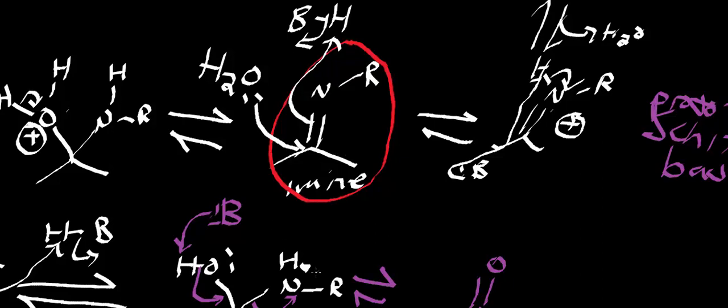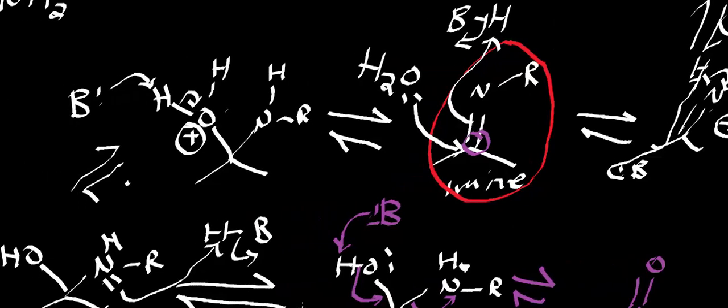So in the general mechanism, water is going to come in, and it's going to nucleophilically attack this carbon right here. That forces the electrons to the nitrogen to go abstract a proton from our base, right? And just remember that base that we're talking about is just an amino acid residue in the active site, right?